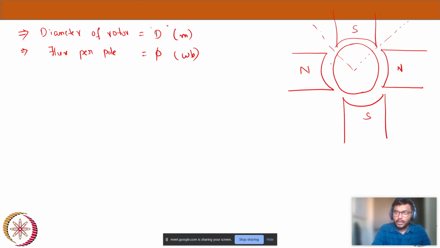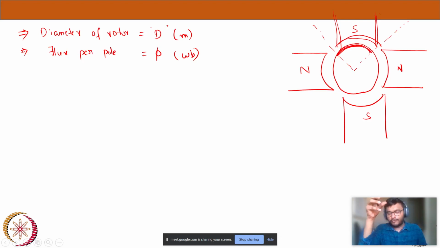And see, if you take this pole, this is the south pole, and under this pole, the flux will be for this particular pole. Along this length, this part of the machine is under the influence of the south pole, right?